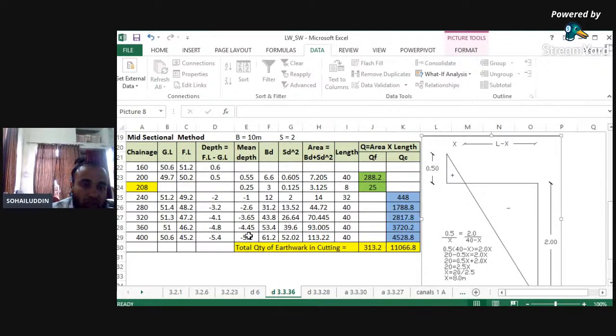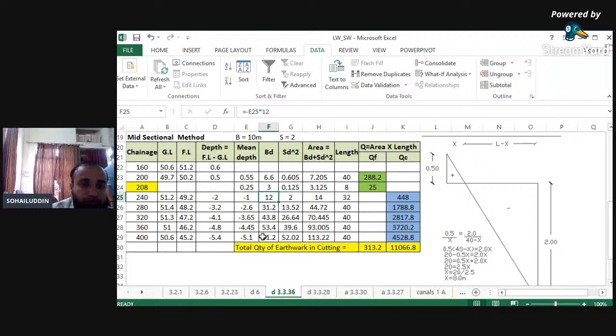We have calculated all these mean depths because we are using the mid-sectional method. The word mid relates to the depth. B into D, where the width is nothing but 10, multiplied by depth.